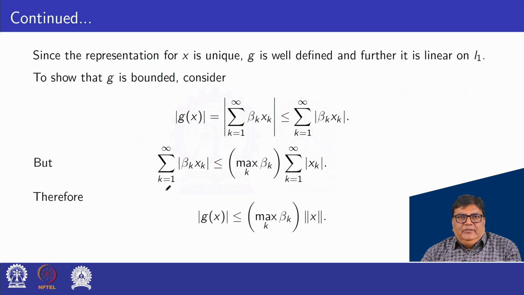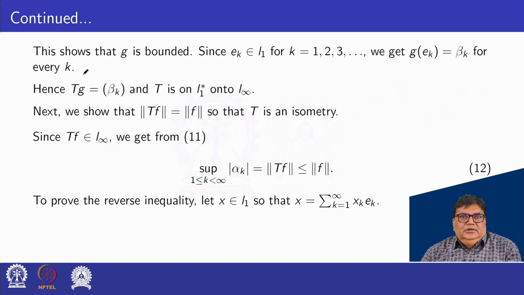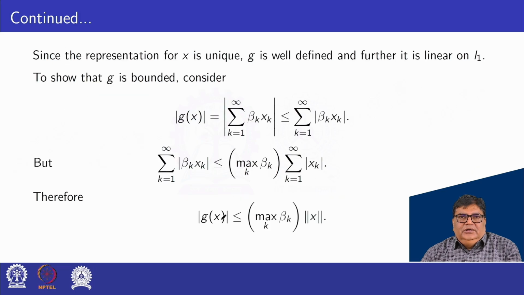This is norm x. Therefore |Gx| is less than or equal to max of |βk| into norm x. This shows that G is bounded.